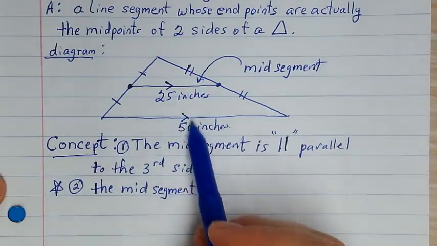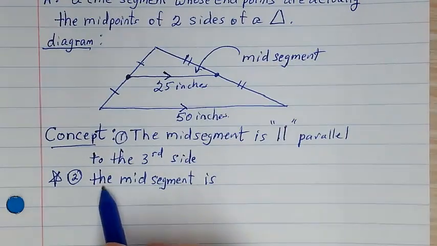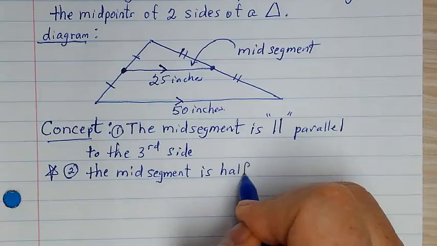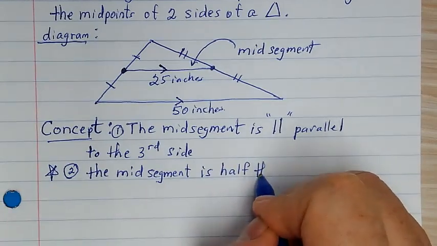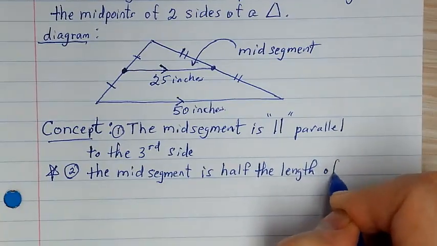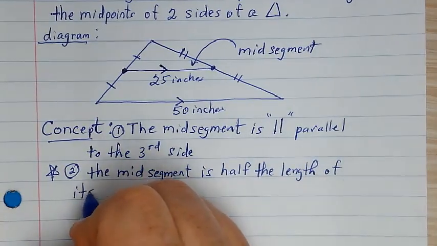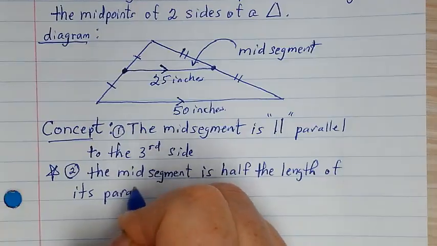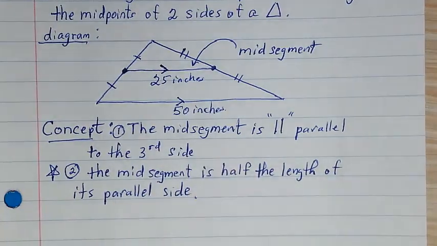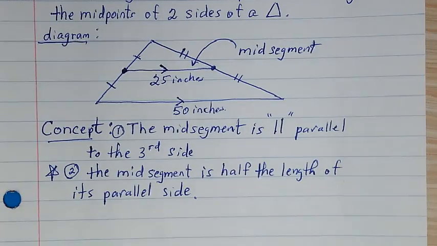So I showed you in the diagram. I'm going to show you in words. The midsegment is half the length of its parallel side. So that's what you're going to be facing.